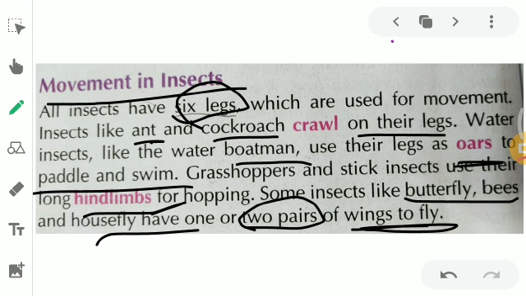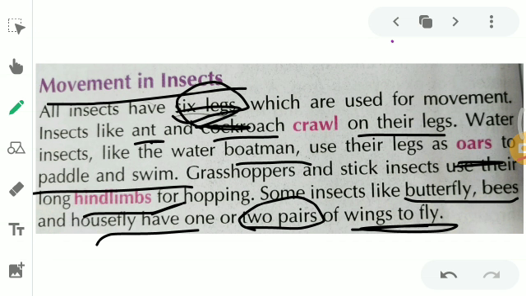Once again, generally all insects have how many legs? 6 legs. So insects like ants and cockroach can crawl with the help of legs. Water insects like water boatman can use their legs as oars. They help to paddle the water and swim.